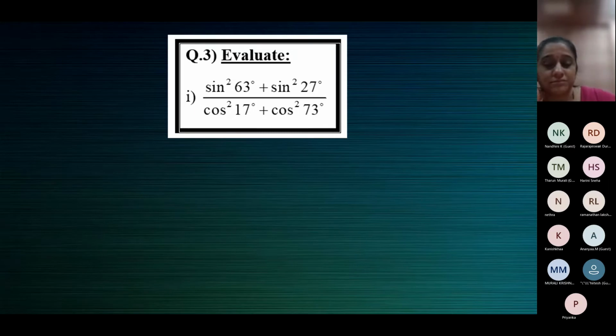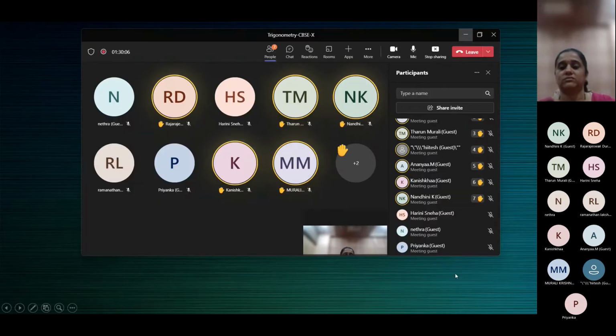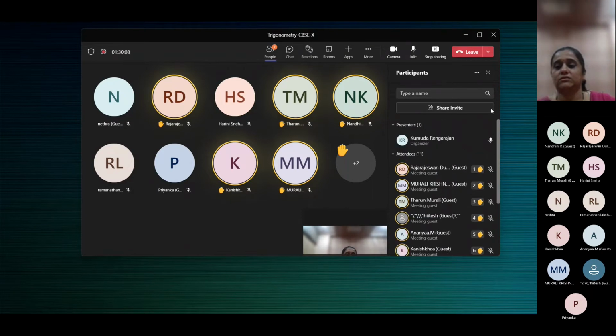Yes, done. Some of you already learned trigonometry in school. I remember Ananya saying that she's learned trigonometry in school.